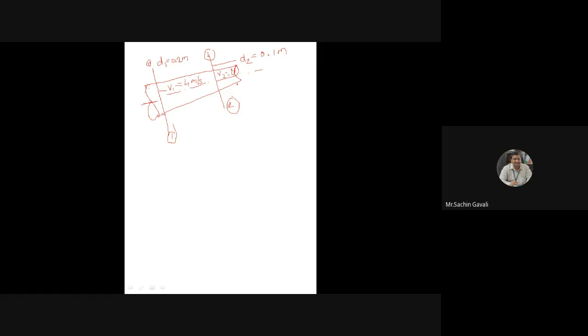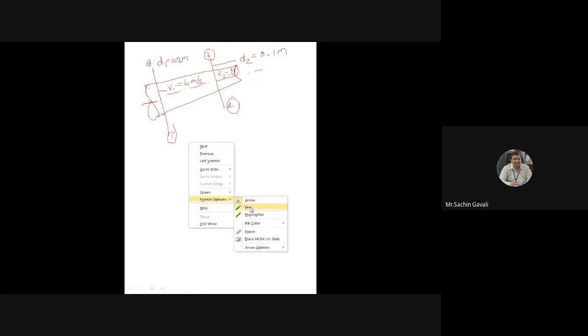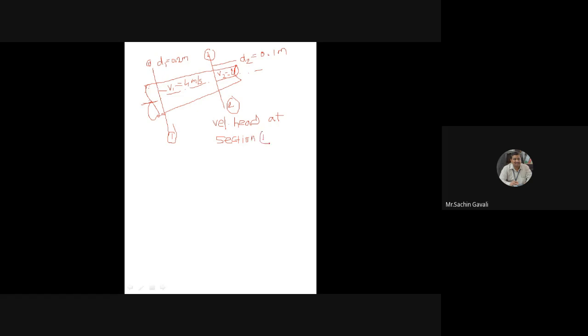And what did they ask? Very simple. They asked to find velocity head at sections 1 and 2 and the rate of discharge. The velocity head at section 1 is equal to V1 square upon 2g.